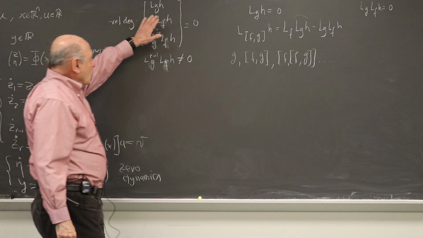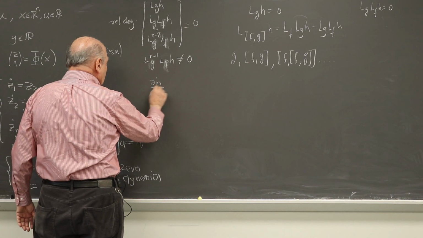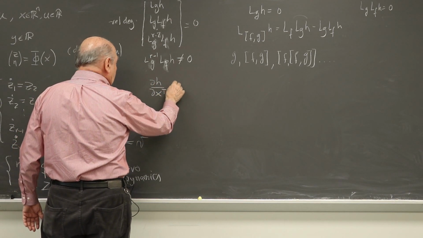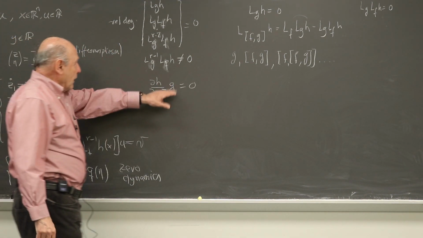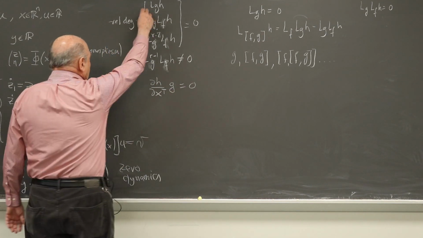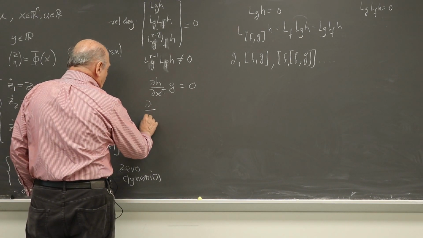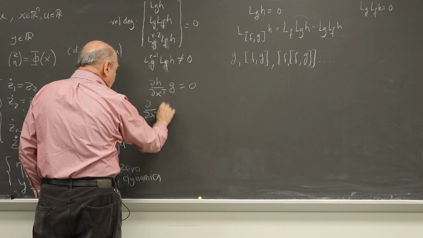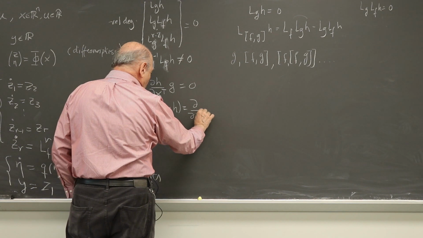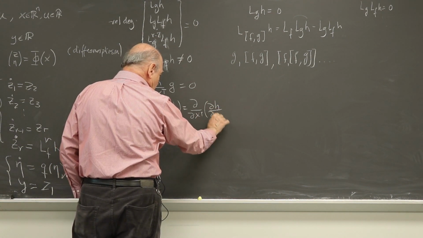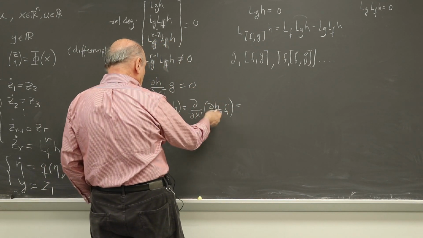If I am trying to look for an H that satisfies all those conditions, the first condition is a linear partial differential equation, right? And it says that the directional derivative of H in the direction of G is 0. That's the first condition. But the second condition gives me something different. It tells me that the partial with respect to X transpose of LFH, which is the partial with respect to X transpose of partial of H with respect to X transpose F, is an object which is much more complicated.